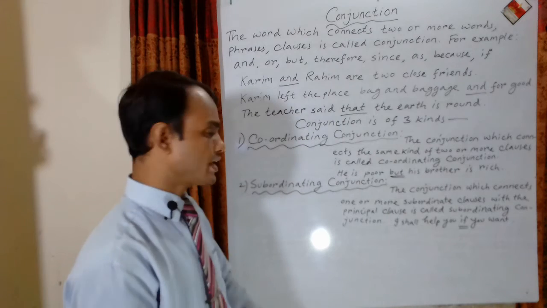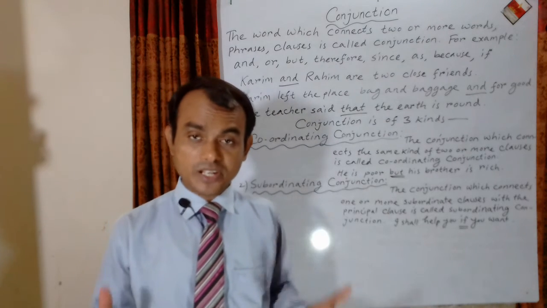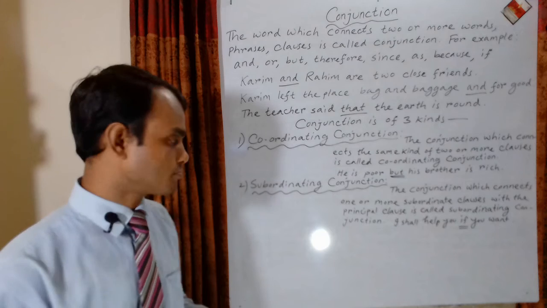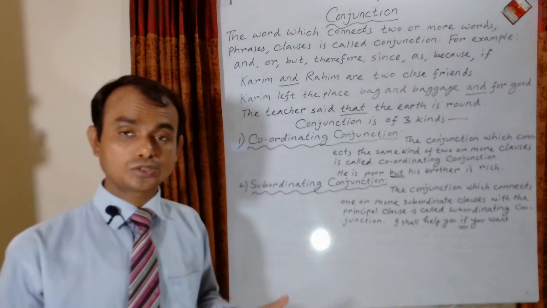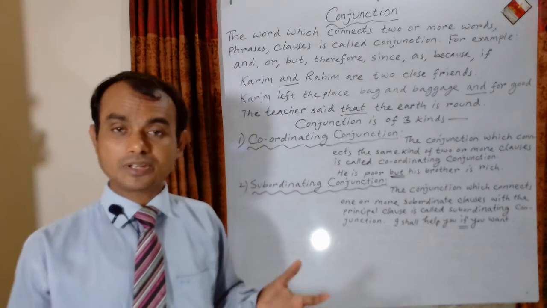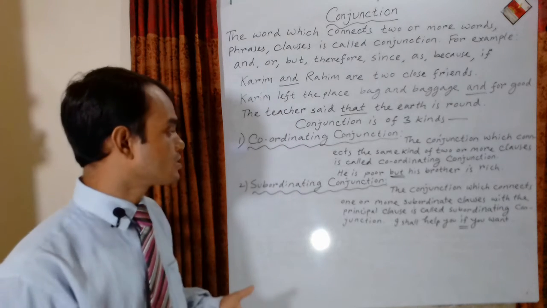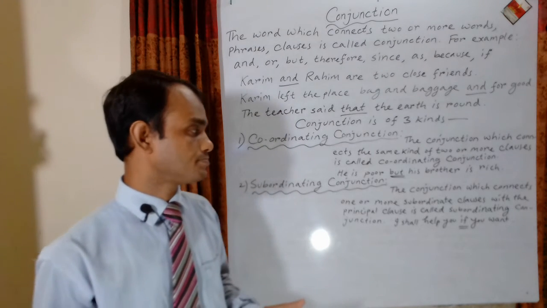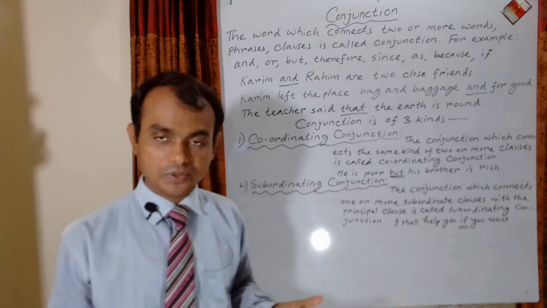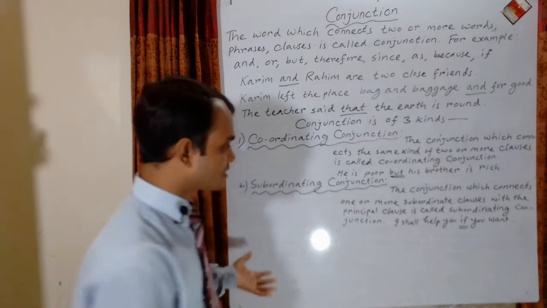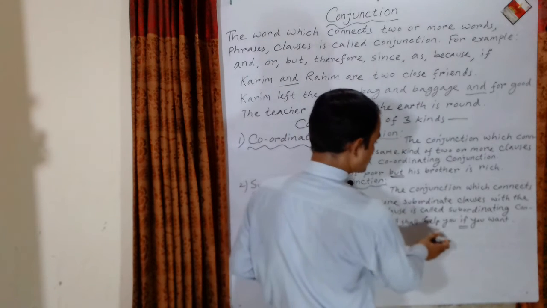Dear students, I have already written the definition of subordinating conjunction with its example. The conjunction which connects one or more subordinate clauses with the principal clause is called subordinating conjunction. For example, I shall help you if you want. Look at the sentence. There are two clauses.